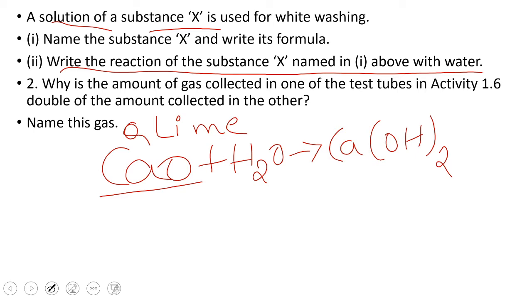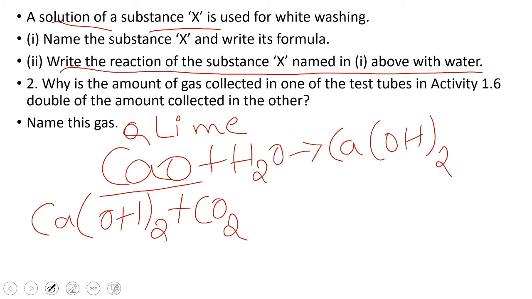Calcium hydroxide on the wall takes the carbon dioxide present in the atmosphere and gets converted into calcium carbonate. That's why we call it whitewashing, because calcium carbonate is the chemical formula of marble stone, which is milky white.